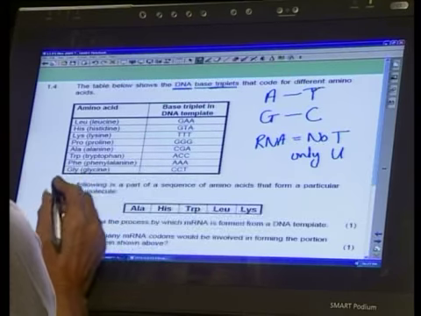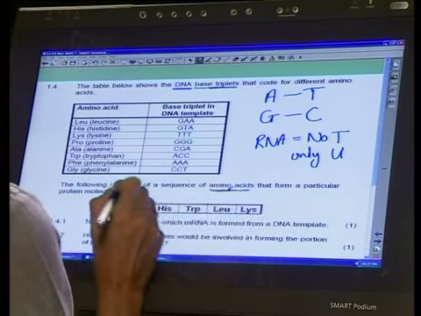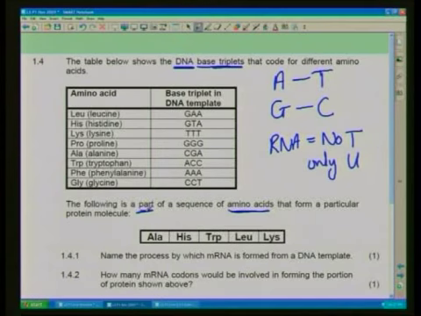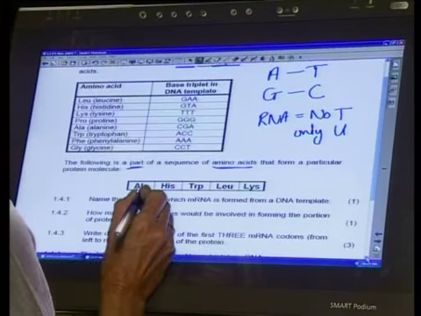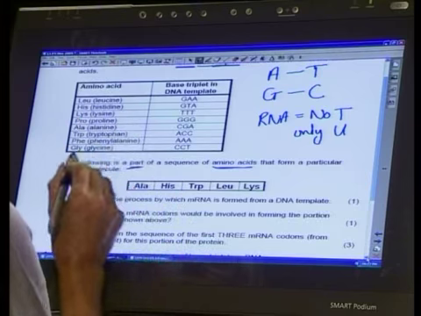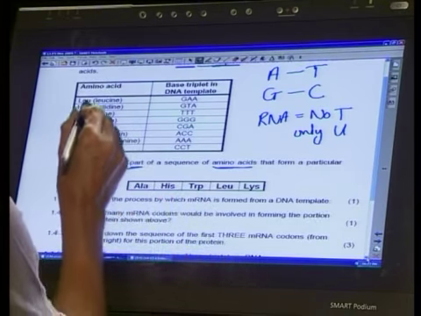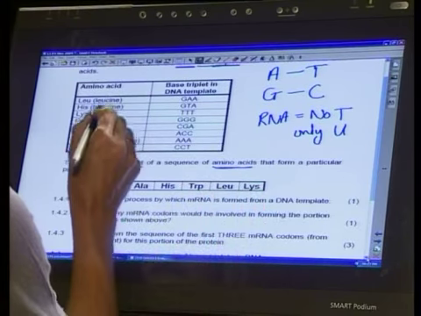All right, so the following is a part of the sequence of amino acids that form a particular protein molecule. So here we go. We've got ALA, which is alanine, HIS, which is histidine, TRP, which is tryptophan, and we have LYS, which is lysine.